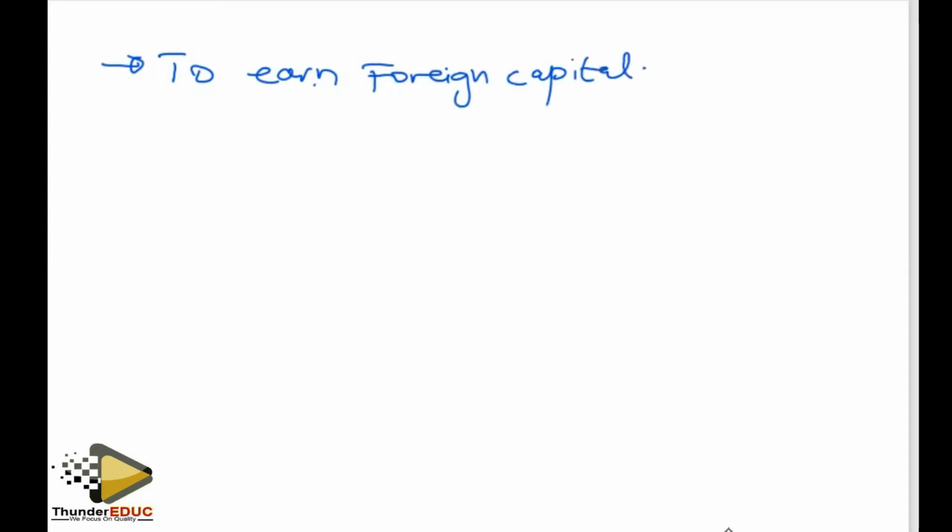So that's one reason why it has to export, because we know the more you sell to other countries, more money comes into the account.